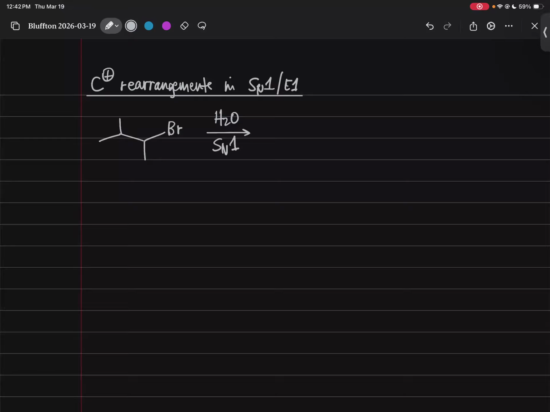The first step in SN1 is loss of a leaving group. So we're left with a carbocation and Br minus. And now we've got a secondary carbocation, right? So we should look at the possible places that we can rearrange things.